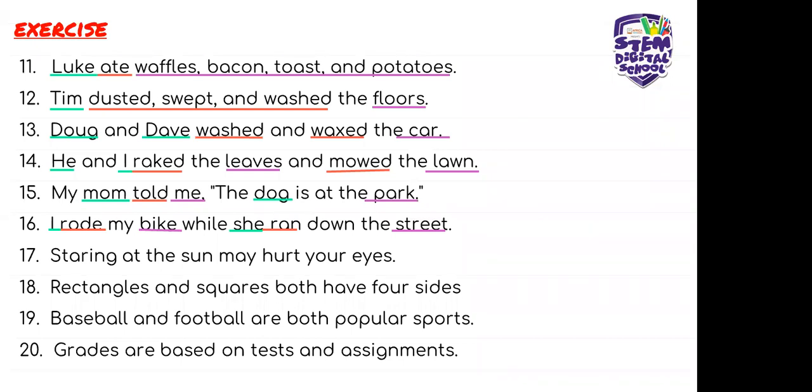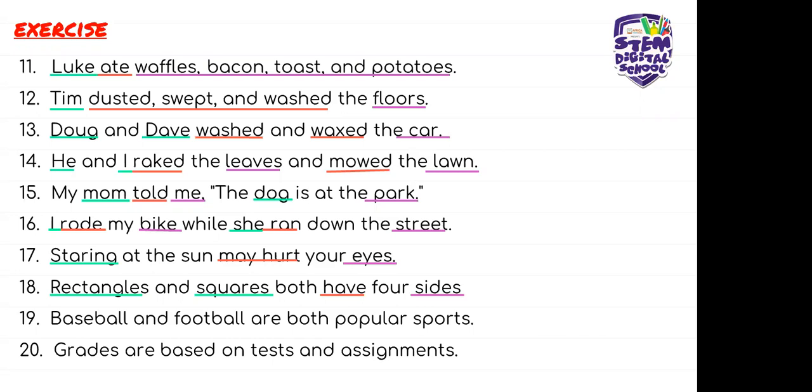That one looks like the verb again, but it is not. It's not the action that's being done. Staring is the subject. It's who or what. Hurt is the thing that's happening in this sentence. May hurt is the thing that's happening. And your eyes are the object.